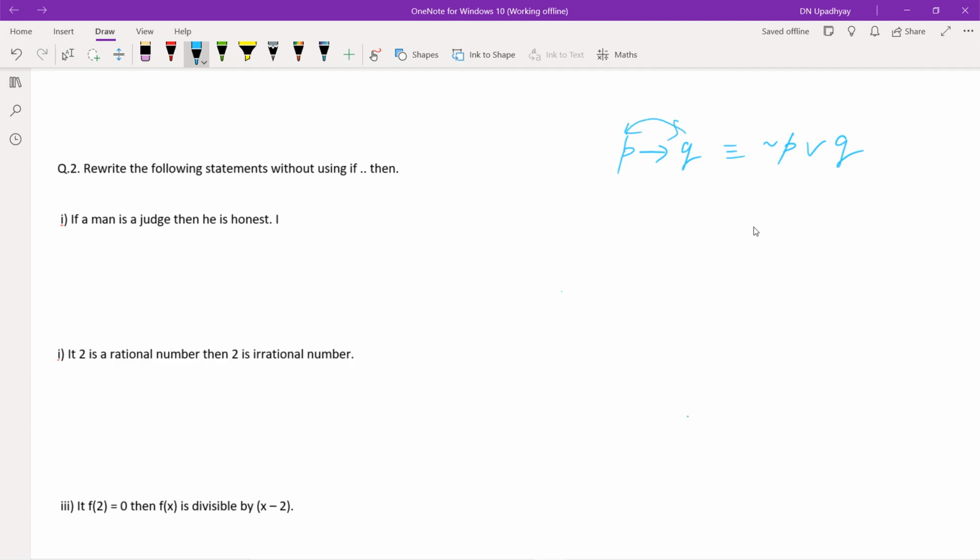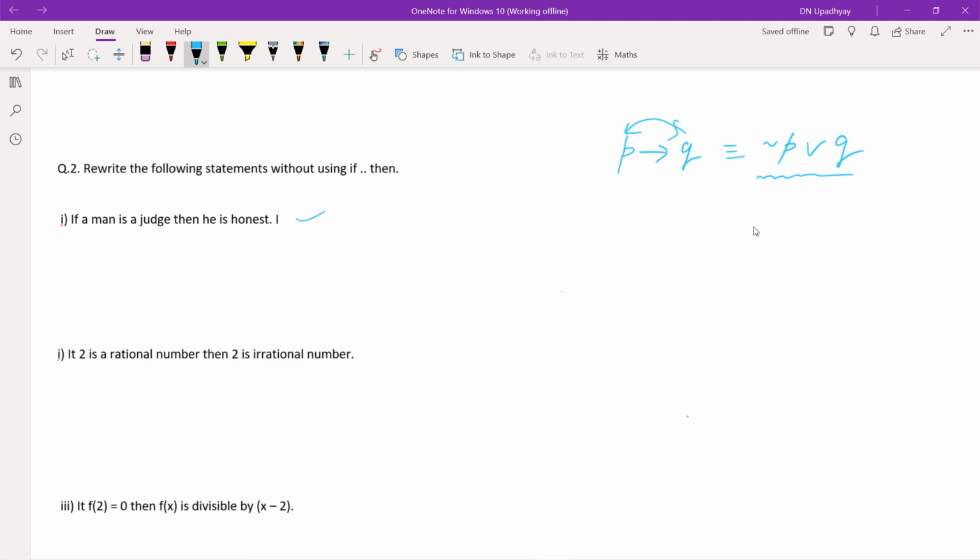Suppose there is a term P if and then Q. So instead of writing in the form of if and then, we can write negation P or Q. This is the equivalent value.